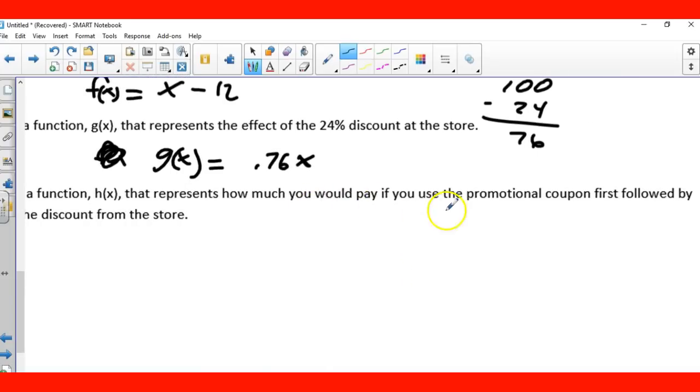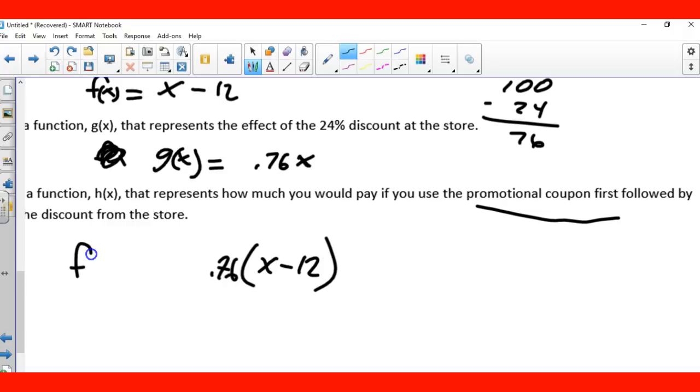It says how much would you pay if you use the promotional coupon first? Which means X minus 12. That would be first, the promotional coupon first. And then on the outside, you would do 0.76. So basically what we did was that's f of x, that's g of x. We did g of f of x, okay?